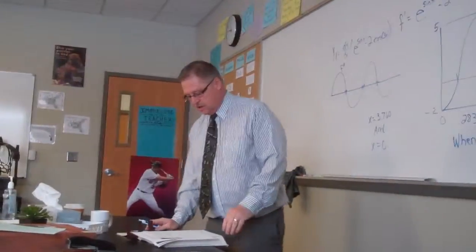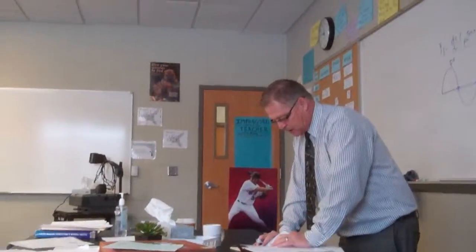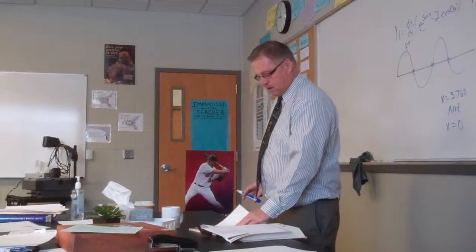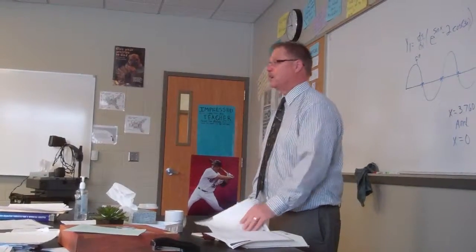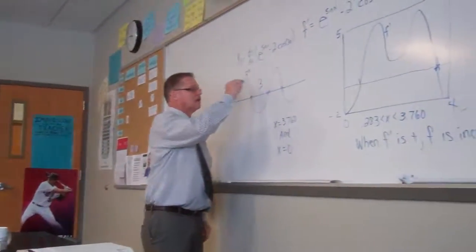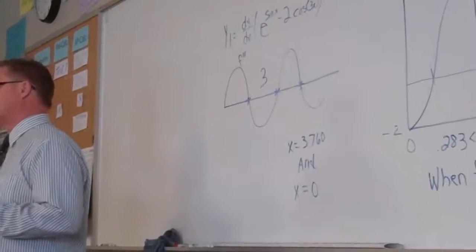So then for D, they're saying how many points of inflection? So you get a point for saying 3. And then you have to say why, or how you know it.